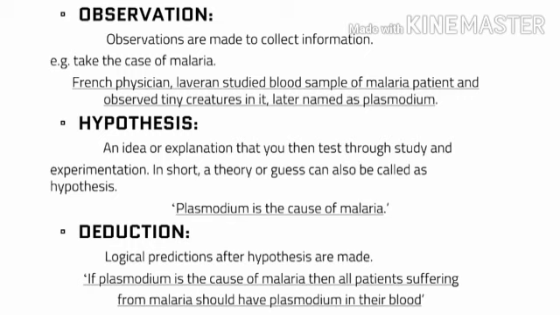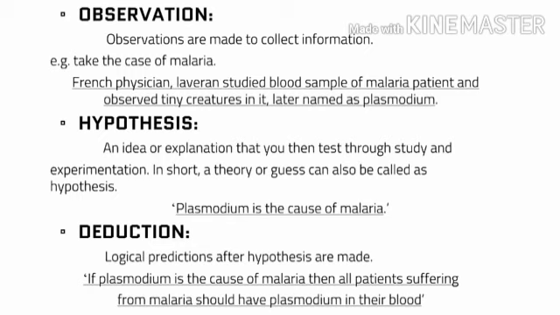Hypothesis. It is intelligent guess in the form of a statement on the basis of observed facts or available information is called hypothesis. That is, in case of malaria, following hypothesis is made. That is, Plasmodium is the cause of malaria.